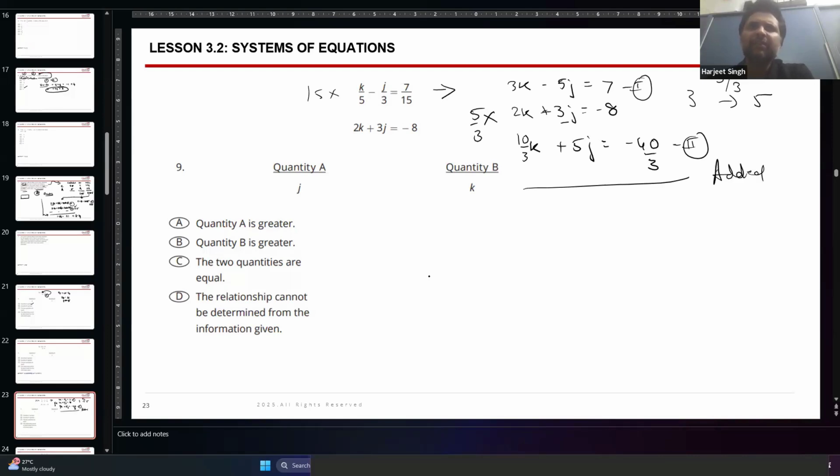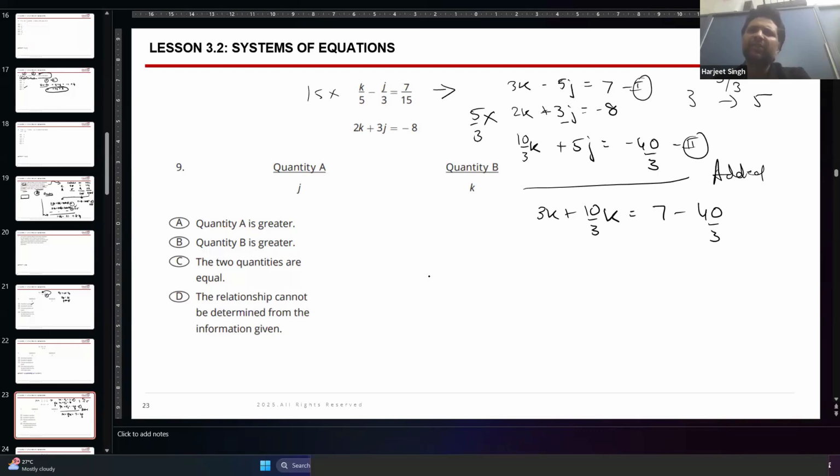So once we do that, 5j cancel each other out and we get 3k plus 10 by 3k equal to 7 minus 40 by 3. One way is to use a calculator and reduce 10 by 3 and 40 by 3.